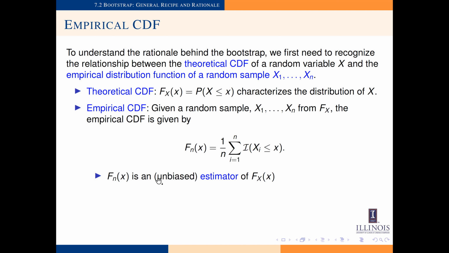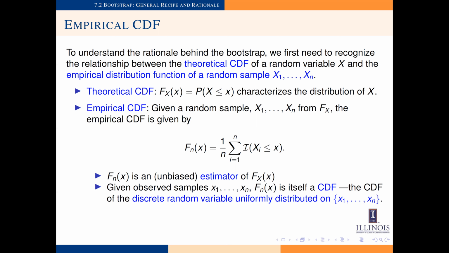So Fn of x is an unbiased estimator for F_X when we give it any particular constant x. In addition, given observed samples X1 all the way up to Xn, Fn of x is itself also a CDF.